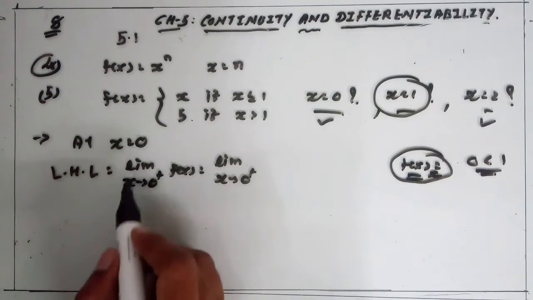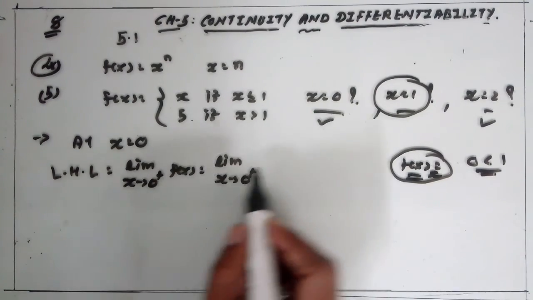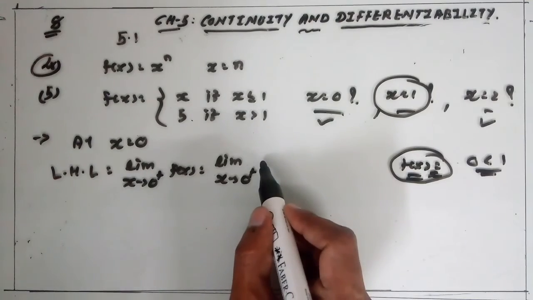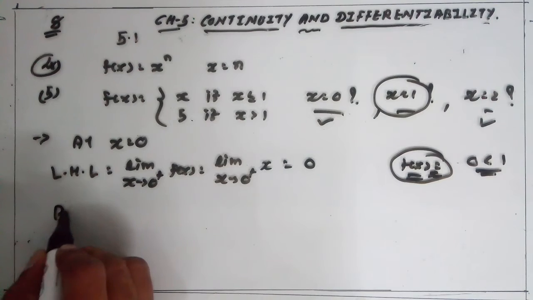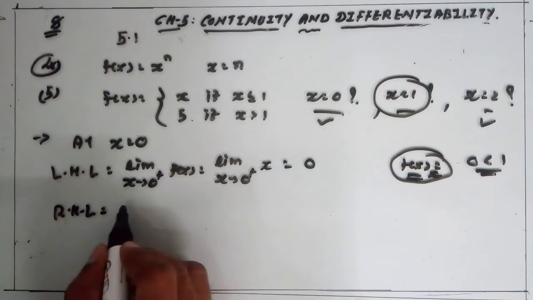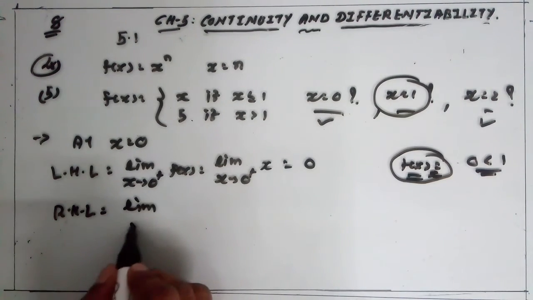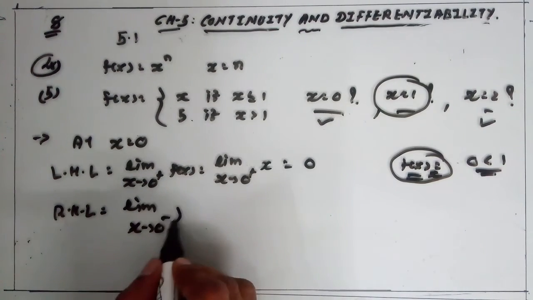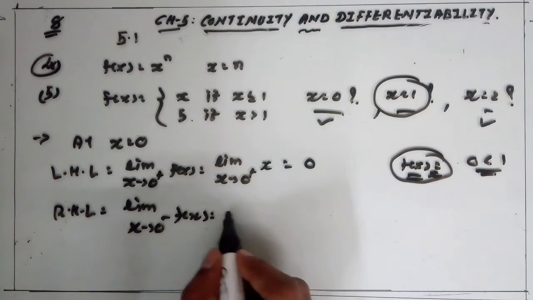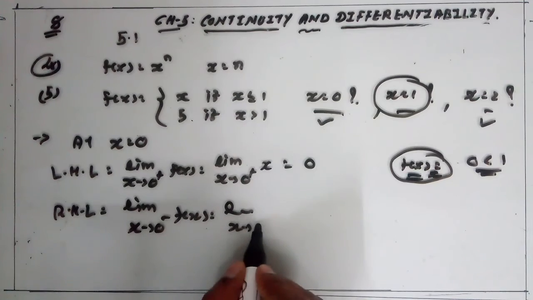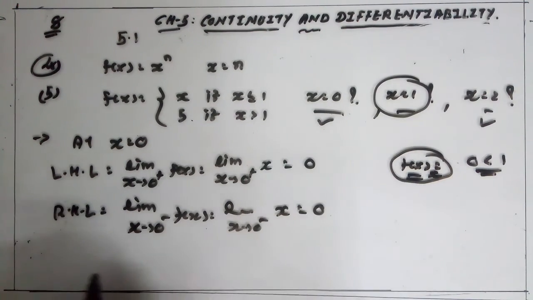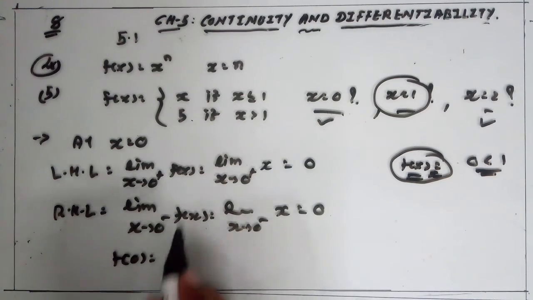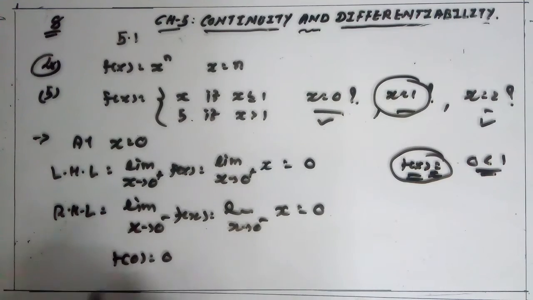Clear? So limit x tends to 0 positive f(x) is equal to limit x tends to 0 positive x, which is equal to 0, and the right hand limit is equal to limit x tends to 0 negative f(x) is equal to limit x tends to 0 negative x, which is also 0, and f of 0 is also 0.